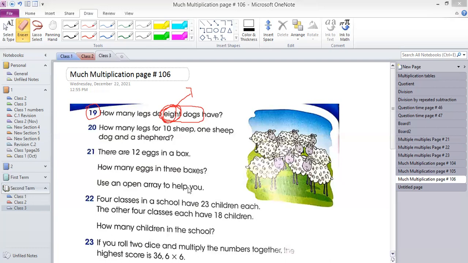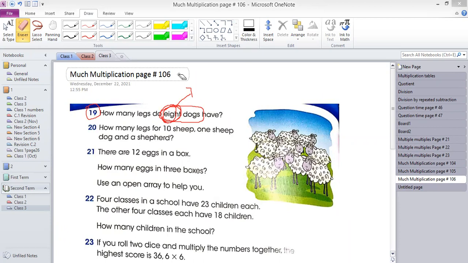And Adam Khalid, how many legs for 8 dogs? 8 by 4 equals 32. Okay, very good.